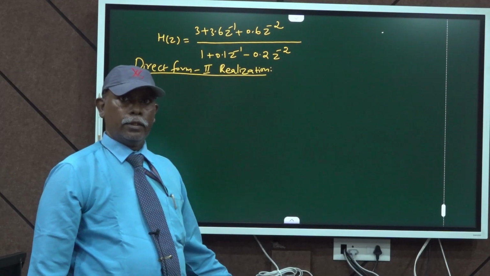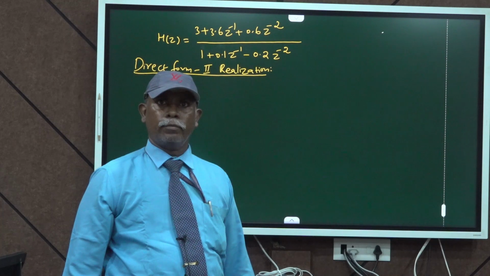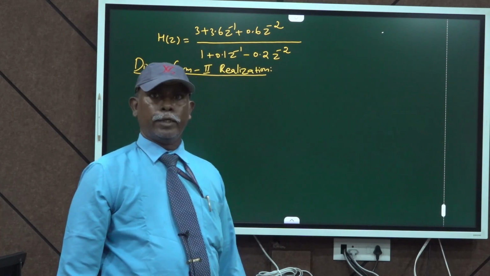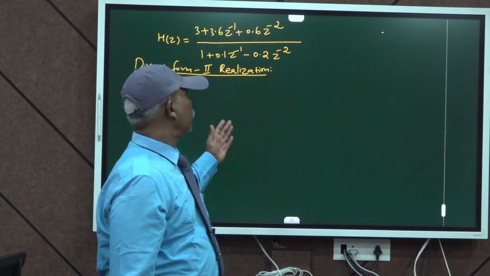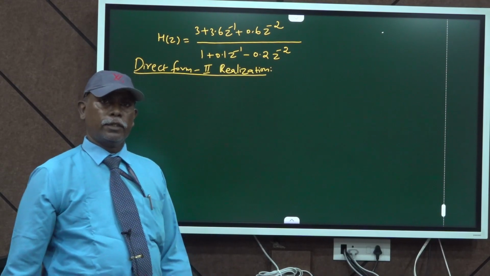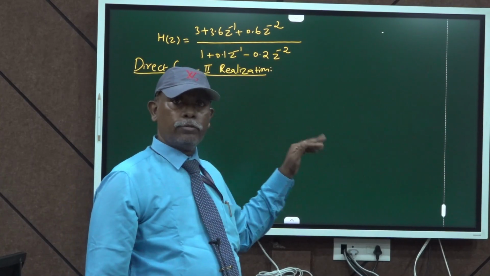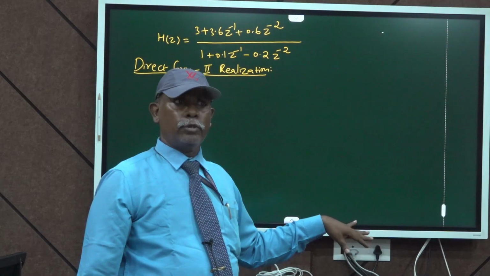Okay, dear students, next we are going to see how to construct the diaphragm 2 realization. In the last session we saw the diaphragm 1 realization. Now it is diaphragm 2. It needs a minimum number of multipliers and also a minimum number of delay elements. Here the numerator has 2 delay elements and the denominator has 2 delay elements.